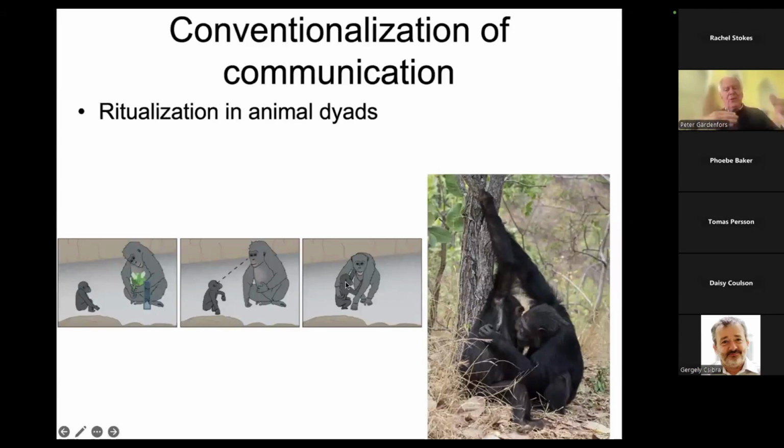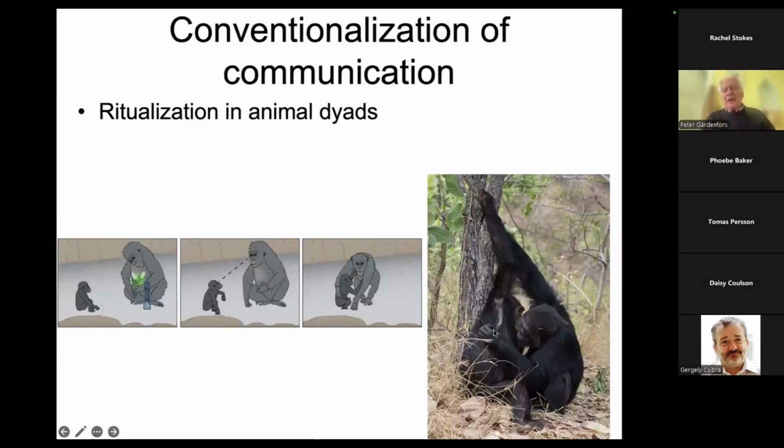So they form through repeated interactions some kind of shorthand. At the beginning, maybe the infant was really trying to climb up on the mother's back, but then the communication sequence is shortened, so it's enough that the infant stretches out its hand for the mother to understand that this is what the infant wants. So this is what's called ritualization between two individuals in a group.